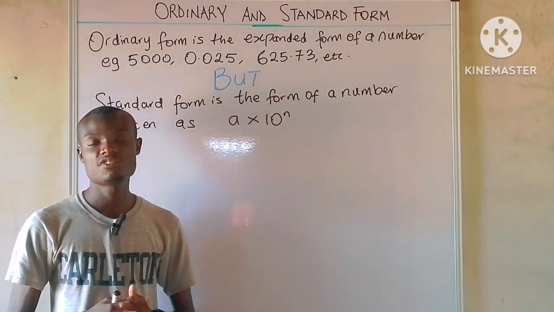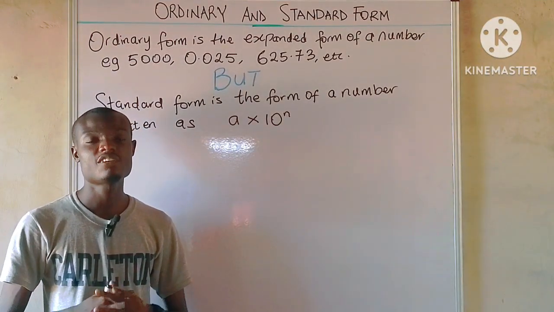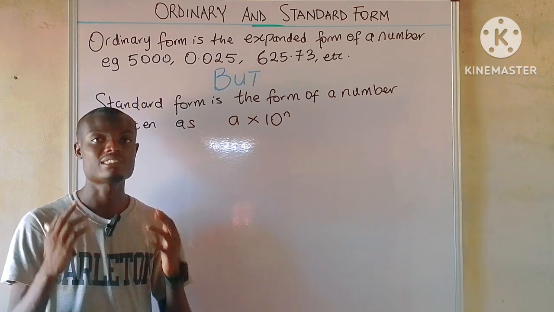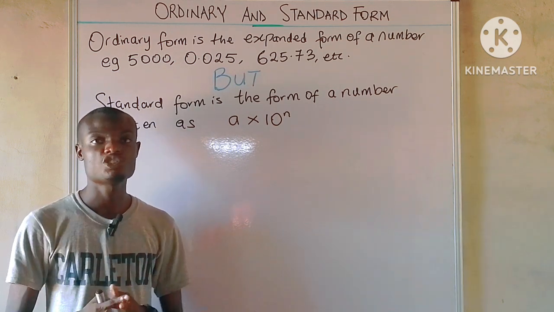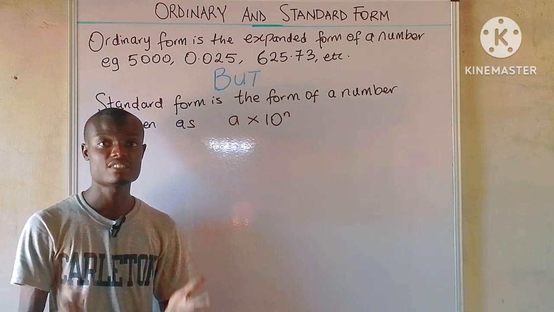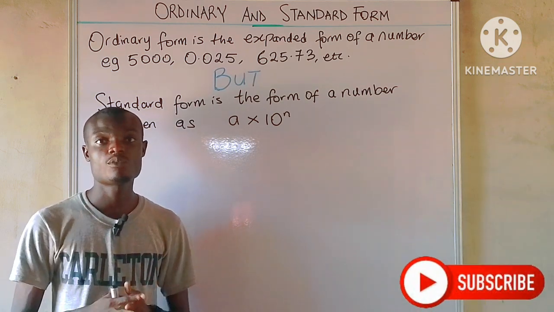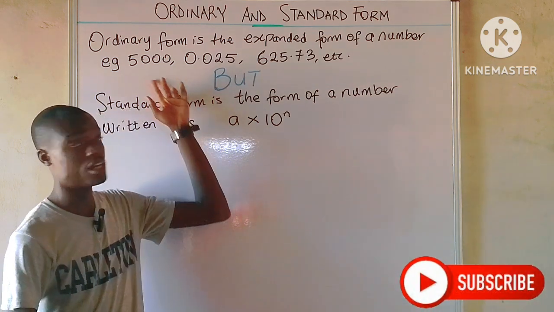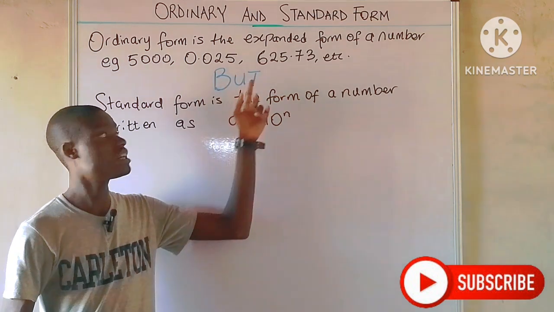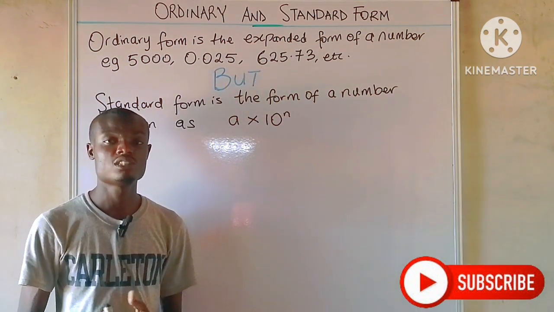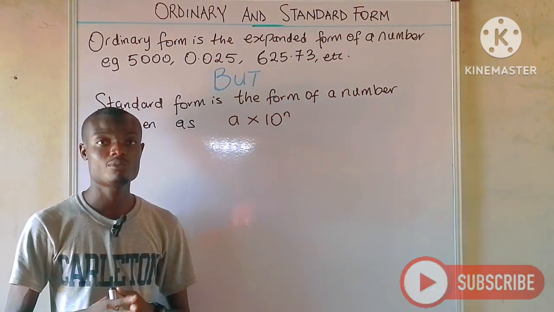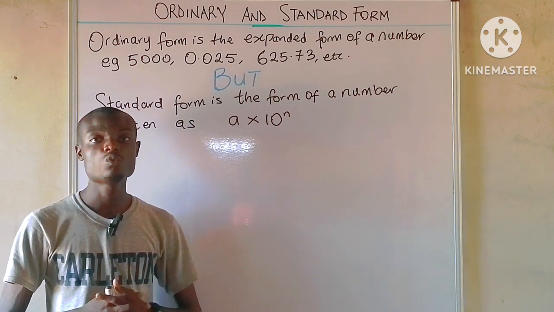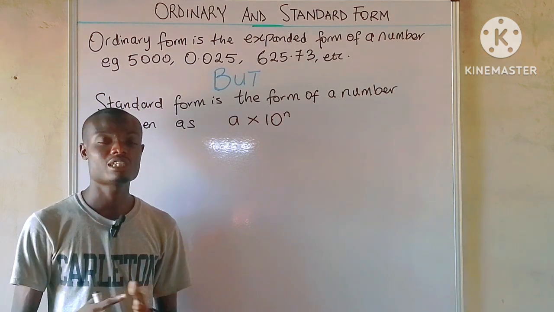So we'll start this video lesson by looking at the definition of ordinary form and standard form. By definition, ordinary form is simply the expanded form of a number such as 5,000, 0.025 and 625.73. These are all ordinary forms of number, and this is the common way in which we write numbers in mathematics.